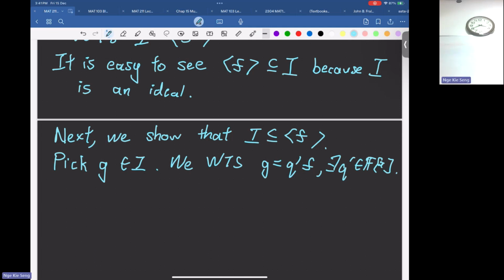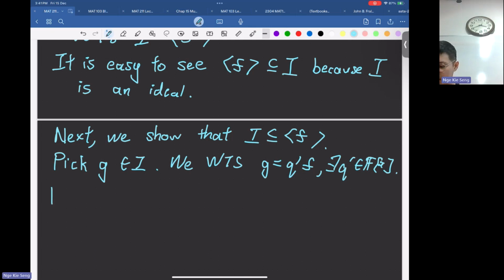What trick can we use here? What method can we use to prove this? Remember last time how we proved the kernel of some homomorphism is generated by the polynomial. So what's the trick here? I want to do division.